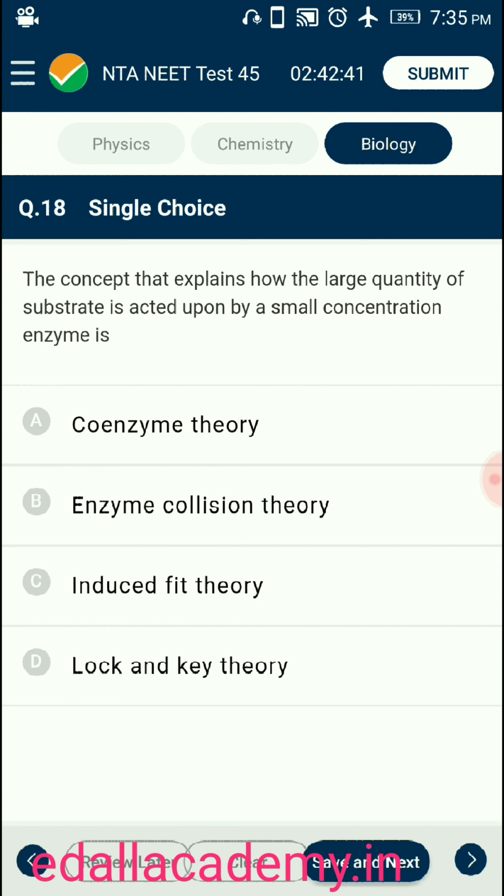The enzyme combined with substrate gives the enzyme substrate complex, which gives enzyme plus product. This concept can explain how a large quantity of substrate is acted upon by a small concentration of enzyme. It also explains why enzymes remain unaffected after the completion of a bioreaction. So the answer for this question is option D, lock and key theory.